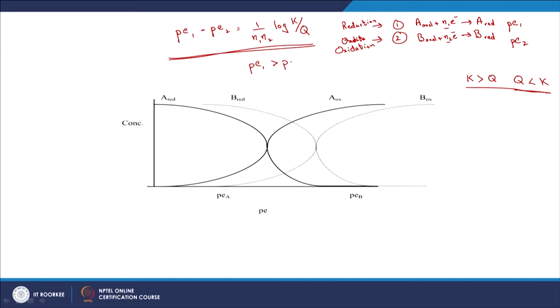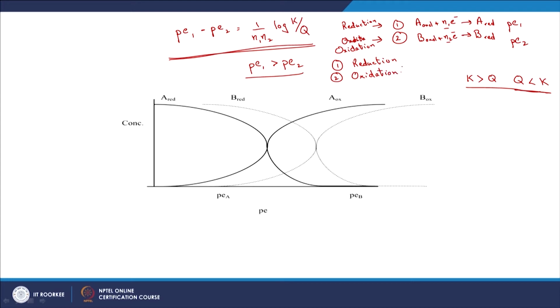When P1 is greater than P2, we see that the first half reaction will go through as reduction, and the second one will go through as oxidation.